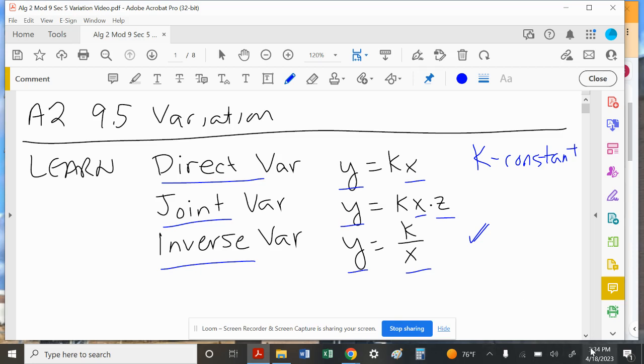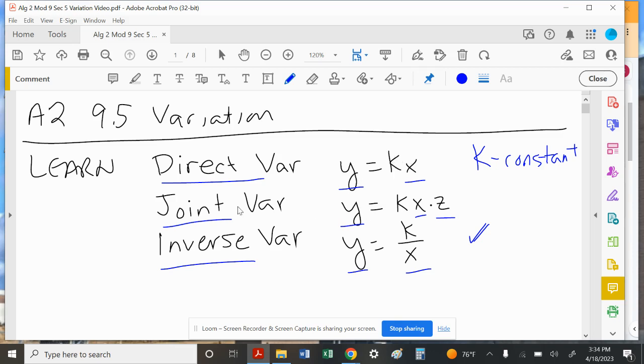So this is kind of the definition. Direct variation just means that y and x are across the equal sign, and as x increases, y increases. As x gets bigger, y gets bigger. As x gets smaller, y gets smaller. It doesn't really matter much what the k value is.